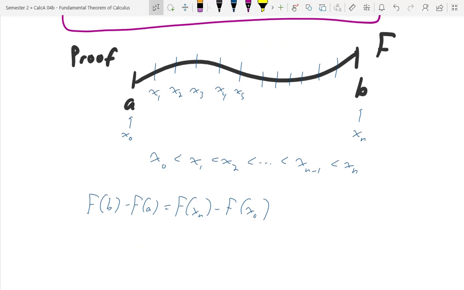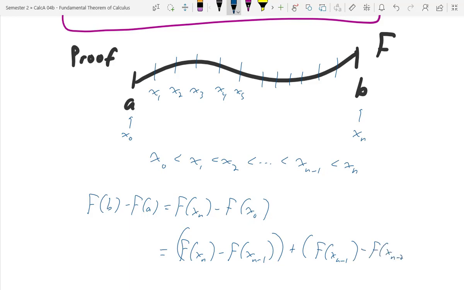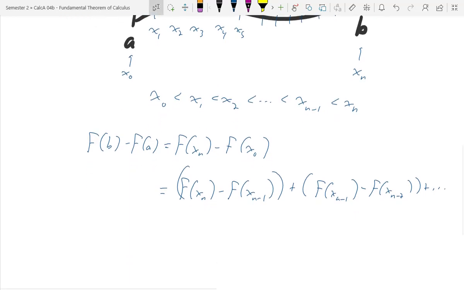And what that means, if I algebraically work that out, is this is actually f of x sub n minus f of x sub n minus 1, the difference there, plus the next difference, f of x sub n minus 1 minus f of x sub n minus 2, plus all the little differences you can do right down to f of x1 minus f of x0.